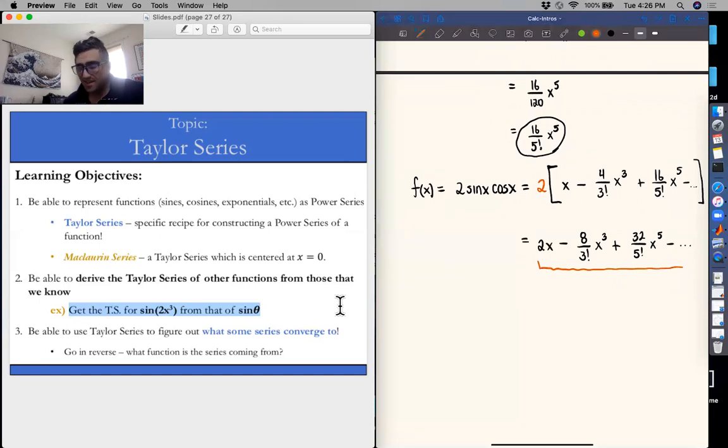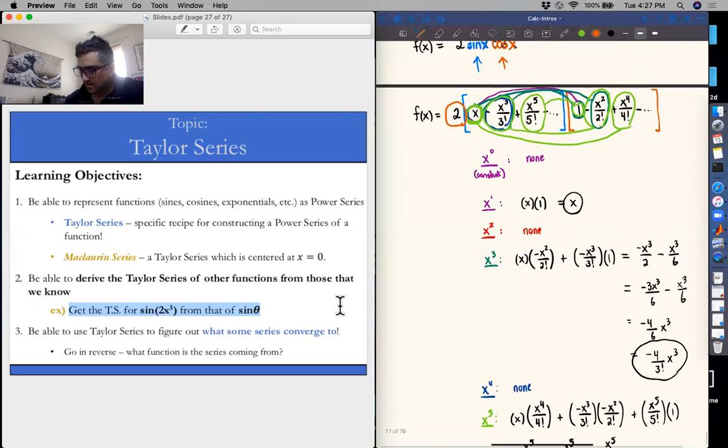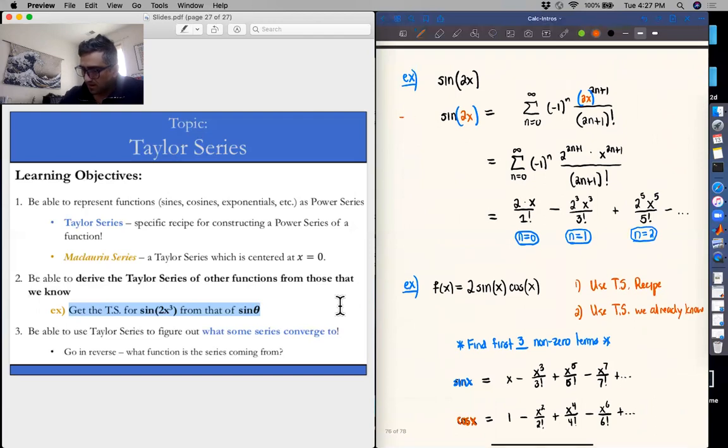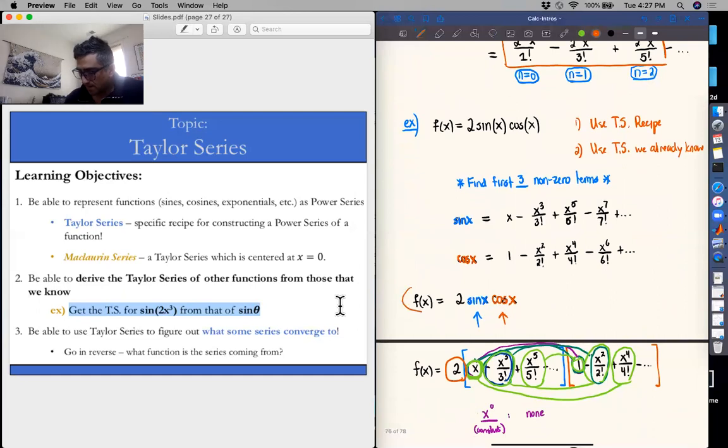And where we've seen this already is actually the Taylor series for sine of 2x. So these 3 non-zero terms that we saw here are actually the same exact non-zero terms for that resulting Taylor series that we just found for 2 times sine times cosine.